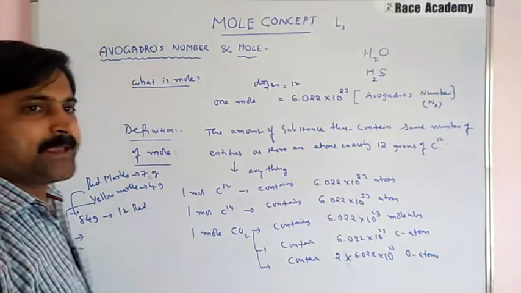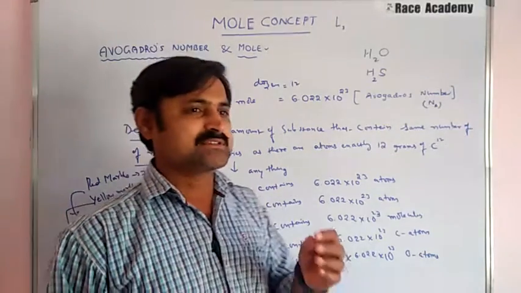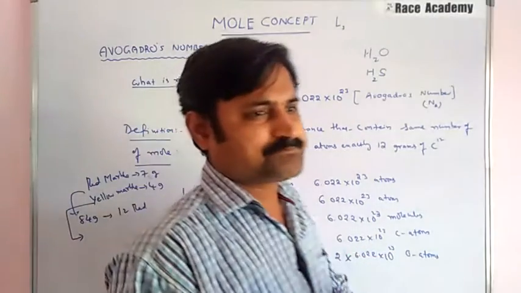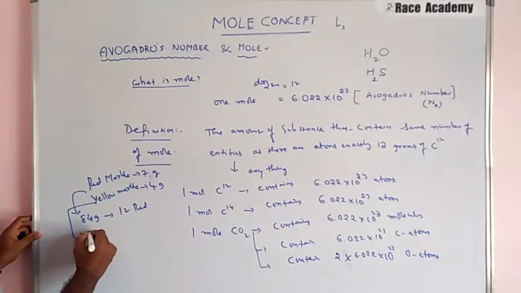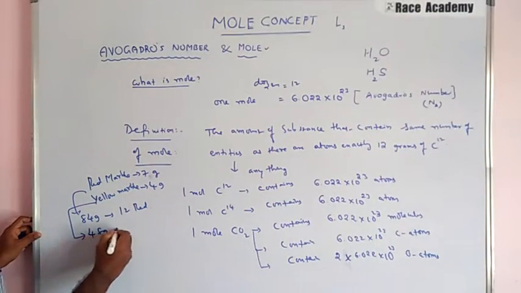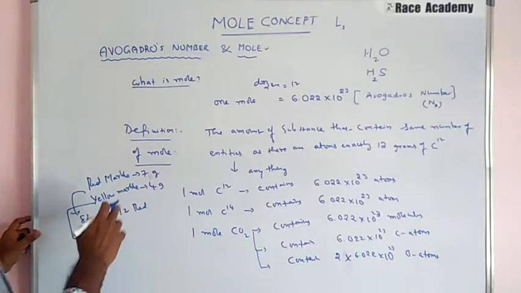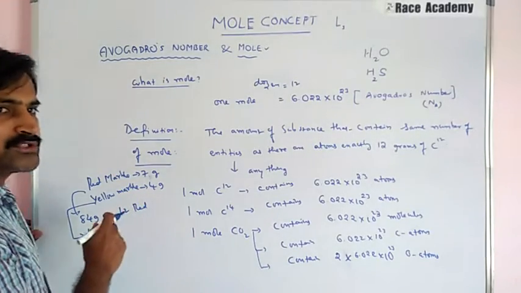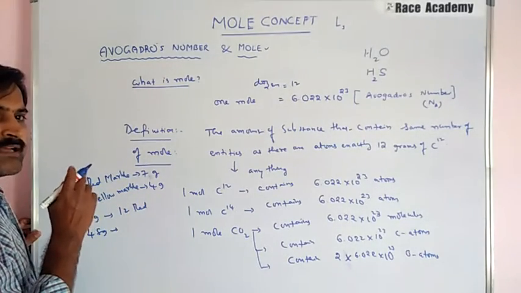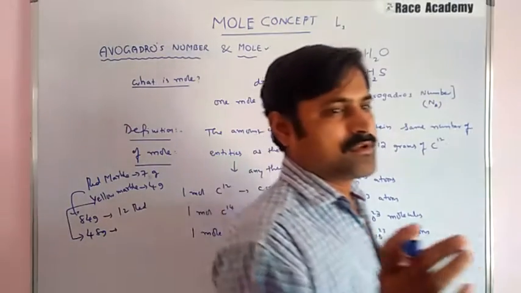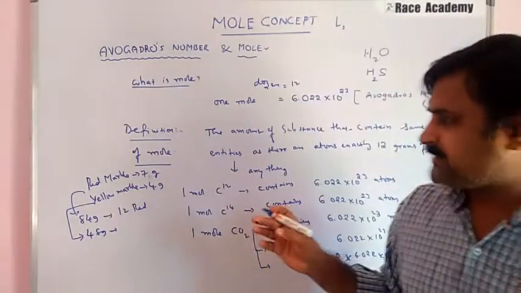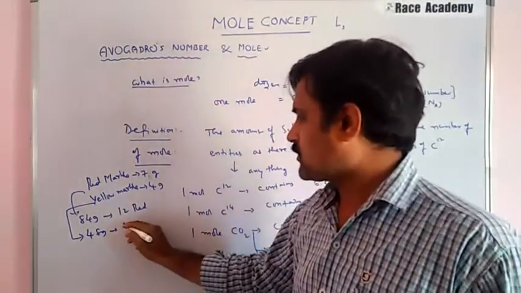In the same way, if you have 48 grams of yellow marbles, then it is very clear how many marbles will be there: simply 48 by 4.